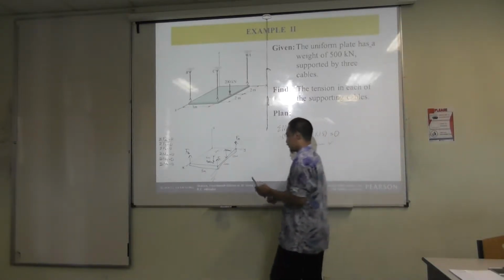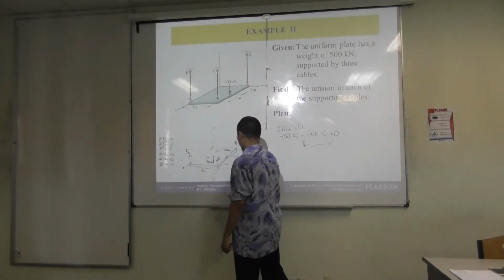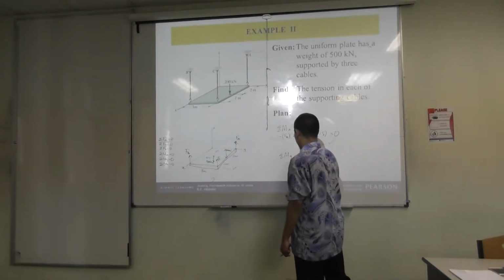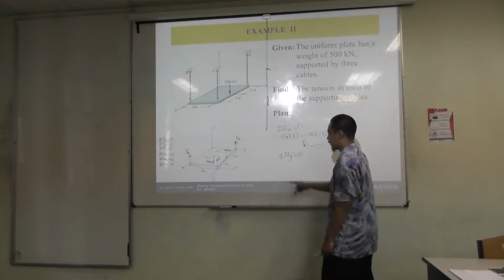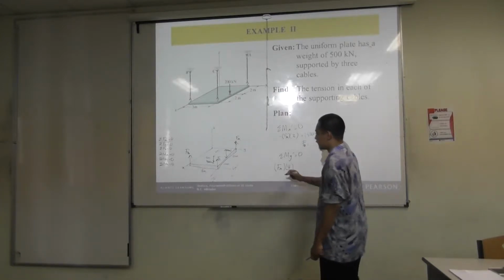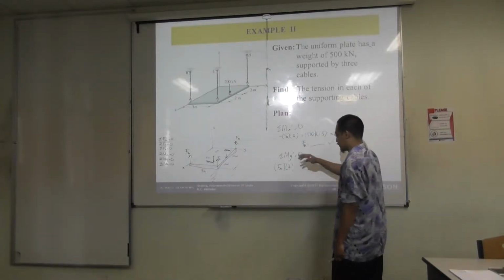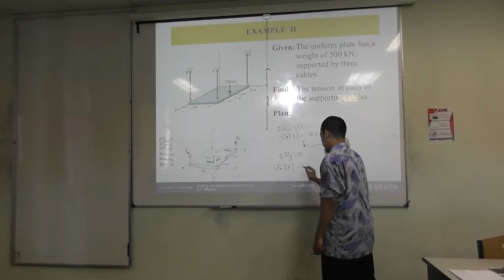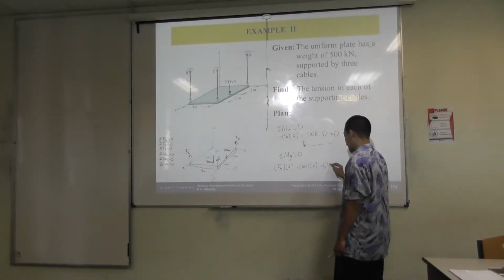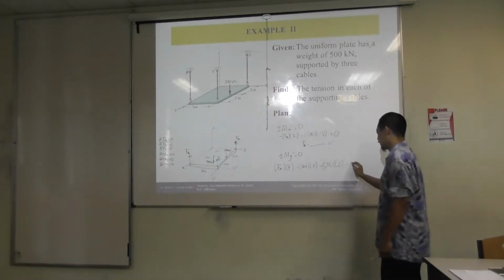Similarly, I say, okay, I want this to be my y prime. So summation of My prime equals 0. So I have Fa positive 4. Fc no moment. 200 is corresponding minus 200 distance of 2, minus 500 distance of 2, equals 0.